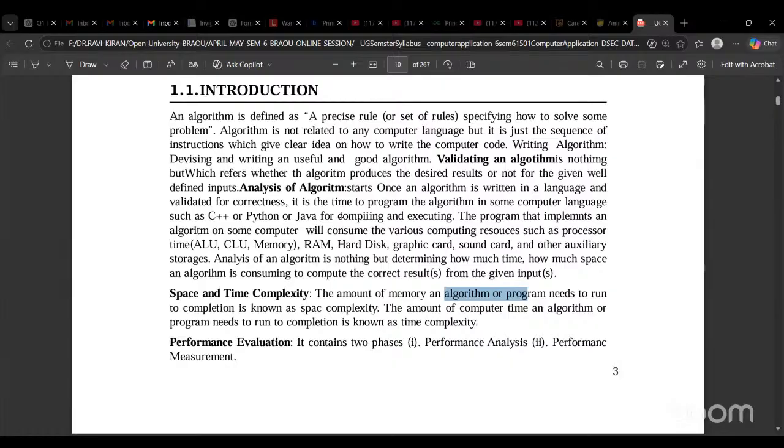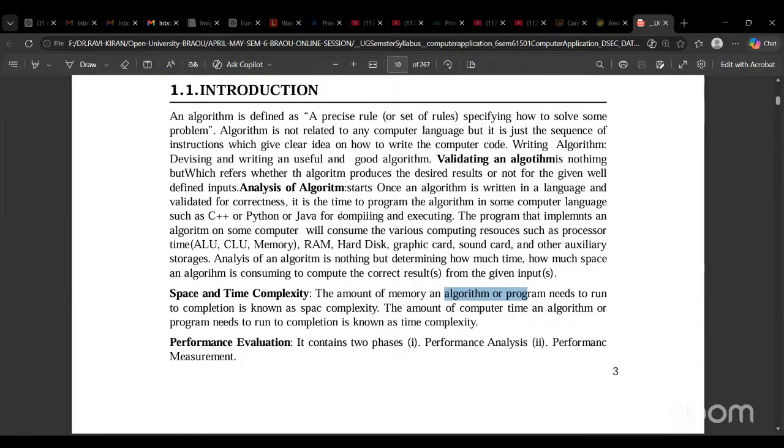So I hope you understand now. The algorithm is a set of rules to solve the problem, or precise rules, fixed rules we can say. So that is an algorithm.